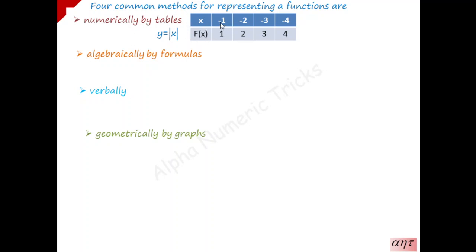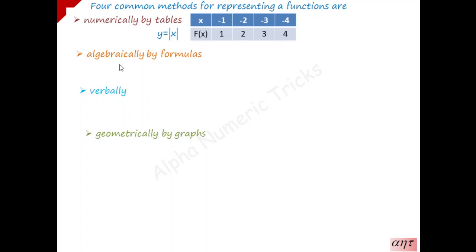When x is equal to -1, y is equal to +1. When x is equal to -2, y is equal to +2, because we take the absolute value. When x is -3, y is 3, and when x is -4, y is 4. So we write all the inputs and outputs in a table format. That is numerical values only, so this is one way of representing a function.